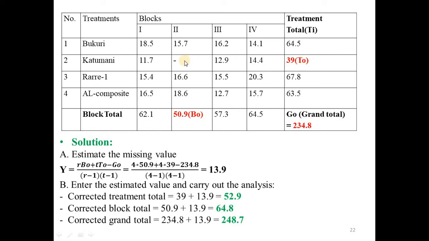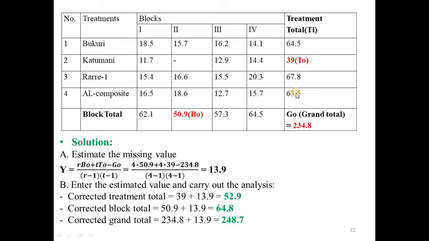Considering the absence of this value, we have to use the symbols B0 and T0. T0 is the treatment total for treatment 2 with the missing value, whereas B0 is the replication 2 total with the missing value, and G0 is the grand total with the missing value.